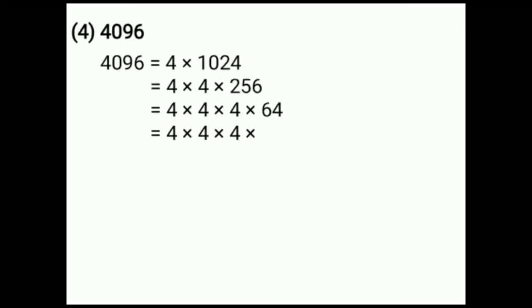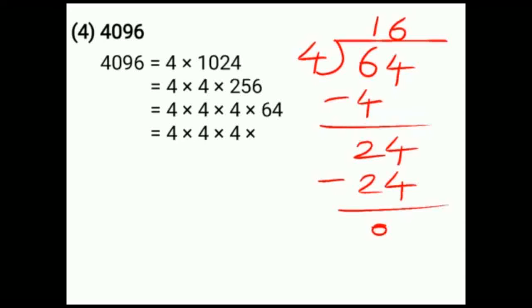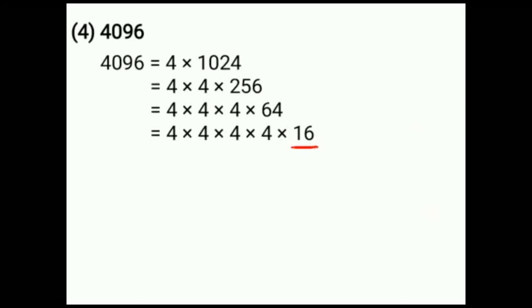Number 64 is divisible by 4. When you divide 64 by 4, I am getting the quotient 16. That is 4 into 16. So next step will come 4 into 4 into 4 into 4 into 16.